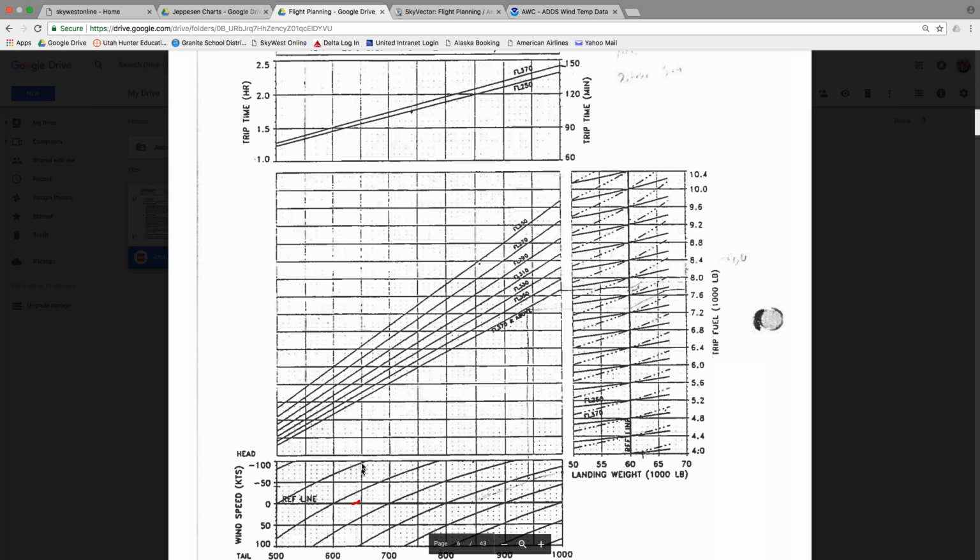And then we can just follow this solid line all the way up to our 37,000 feet and then tee it off. Basically right there. Remember, we're interpolating here. So what is our simplified trip time and fuel? 5,200 pounds.